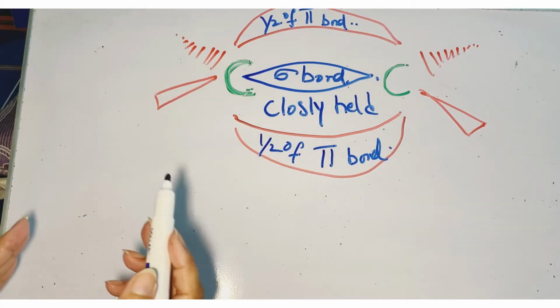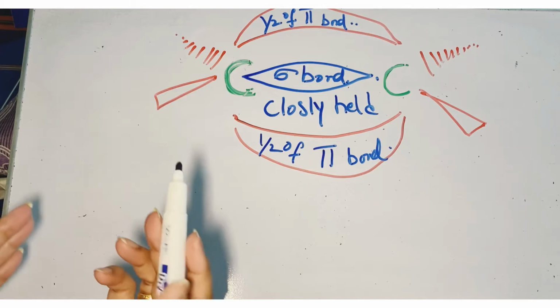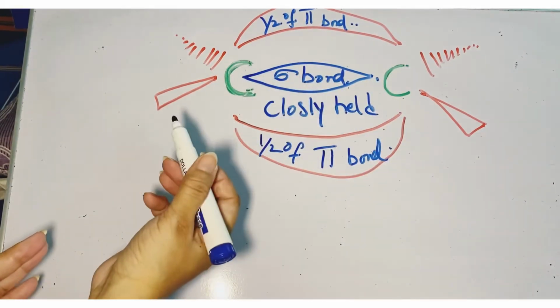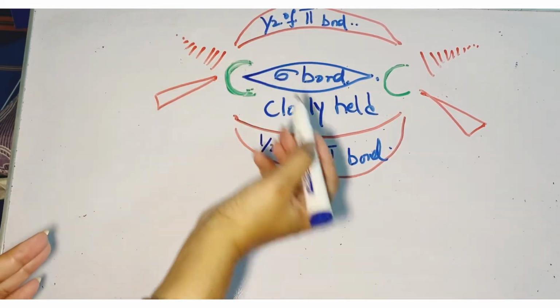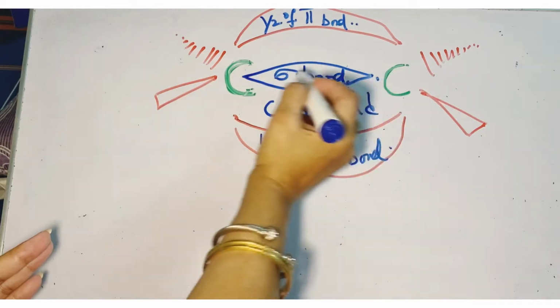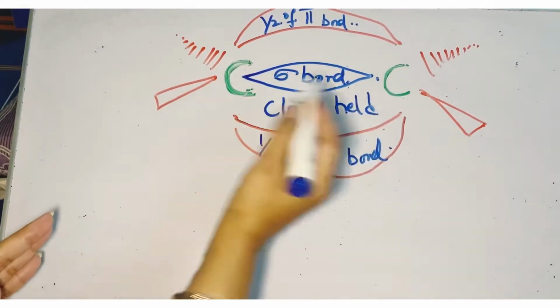You simply see here that pi bond electrons are very much away from the carbon nuclei and are loosely held, than these sigma electrons, which are strongly holding each other together. So sigma bond electrons are very close.